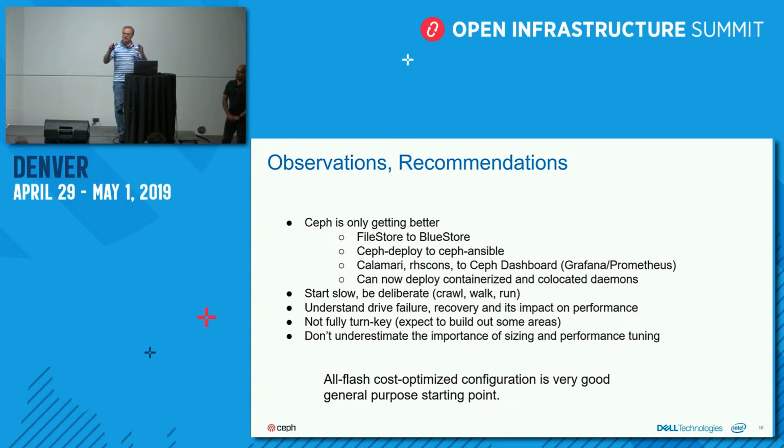Kind of taking that whole set of tests and methodology to say, well, what are some of the observations and recommendations that we have? What I'd say is Ceph is only getting better, and I've heard that in other talks as well. If you look at the evolution, we went from FileStore to BlueStore, Ceph Deploy to Ceph Ansible.